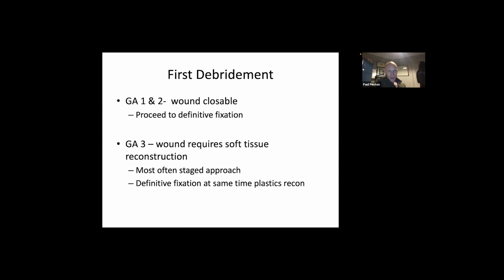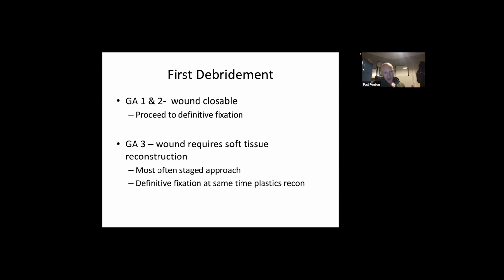So we've done our first debridement with the plastic surgeons. We've extended the wound, we've delivered the bone, and we've now classified it. As we said, we've maybe got a Gustilo Anderson 1 or 2 where the wound, after it's been debrided, can still be closed, so it can just be stitched shut.